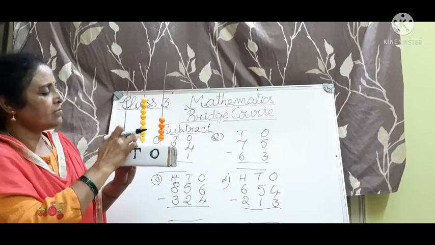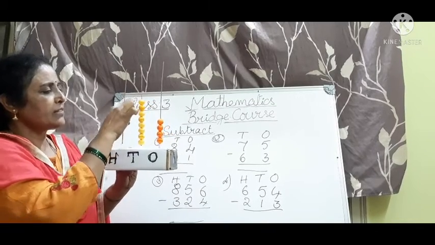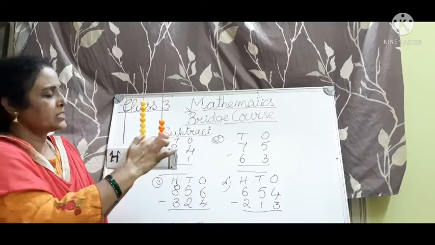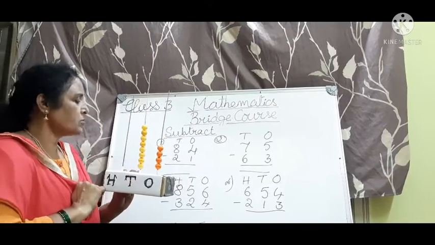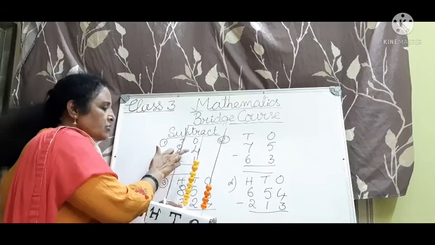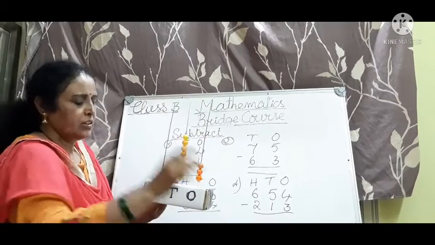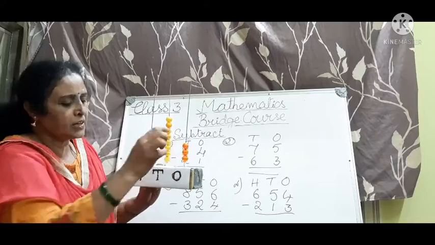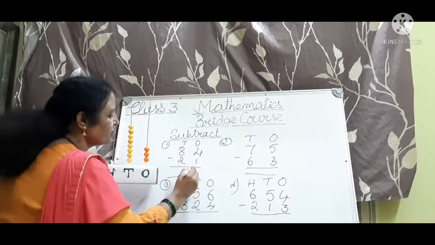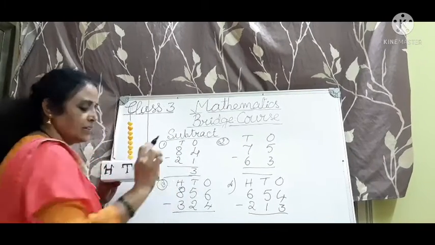In tens place, 1, 2, 3, 4, 5, 6, 7, 8. Then how much is this? 84. Now how to do the subtraction? From 4 ones we have to take out 1. Now how many are remaining here? 3. Then 4 minus 1 is 3.